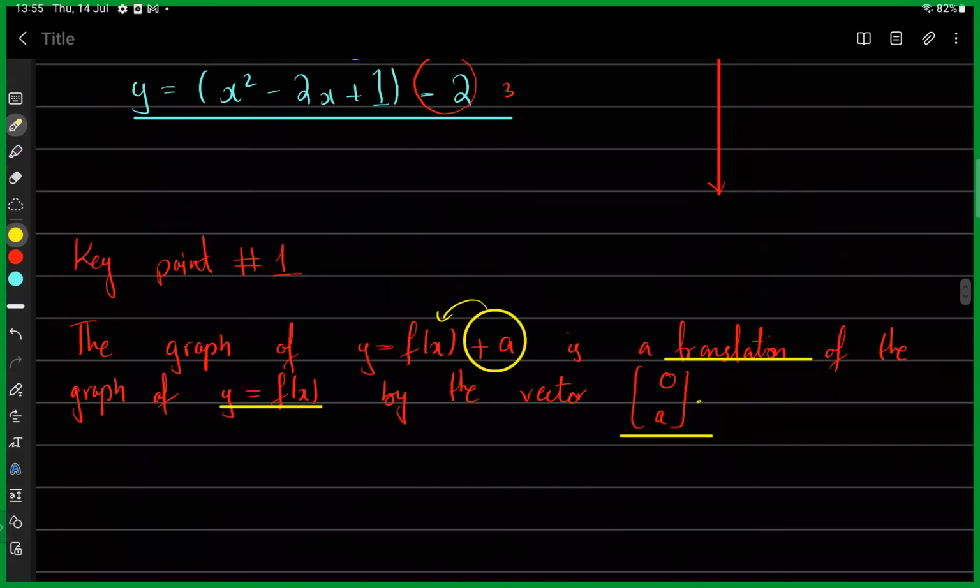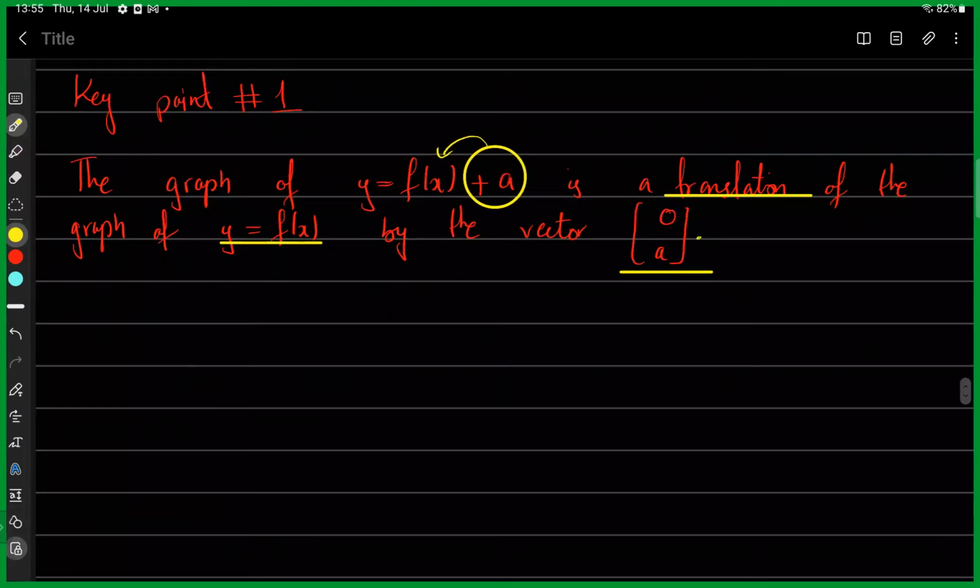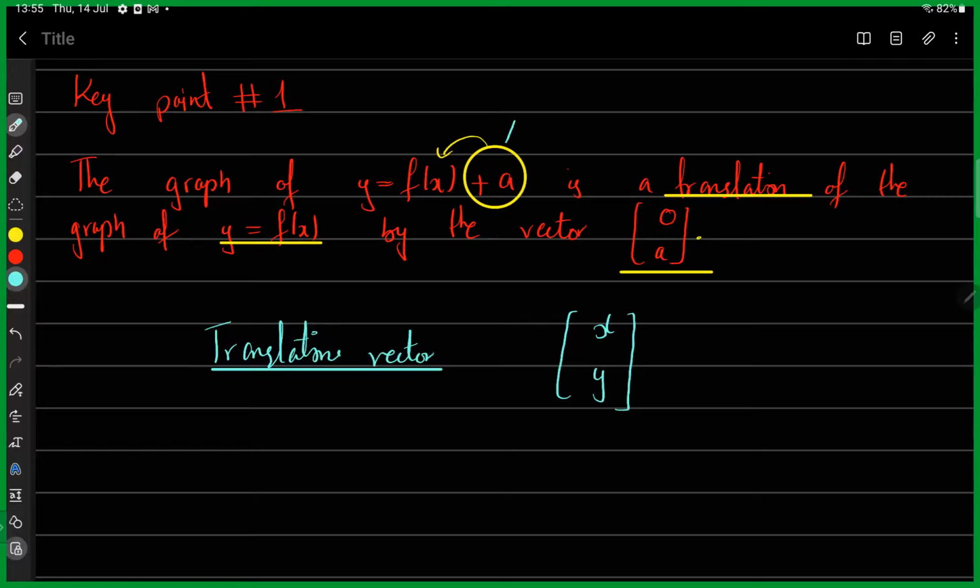Now, whenever we talk about the translation vector, translation vector has two coordinates. This is the x coordinate and this is the y coordinate. Okay, since we have just added an a to the function, it means we have just added a number in y.